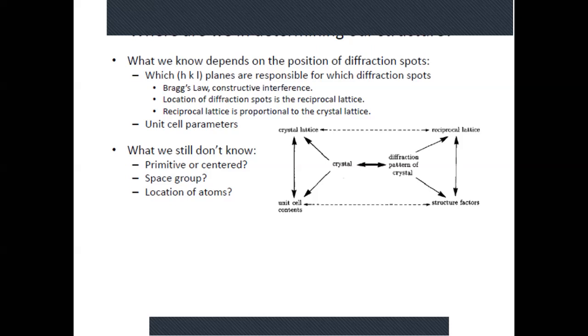These are questions we still don't know the answers to because there are 230 space groups. How can we narrow that down from the diffraction pattern? And then lastly, how do we know the location of the atoms? So all we know up to this point is the unit cell lattice parameters, and from there we can infer something about the crystal system.